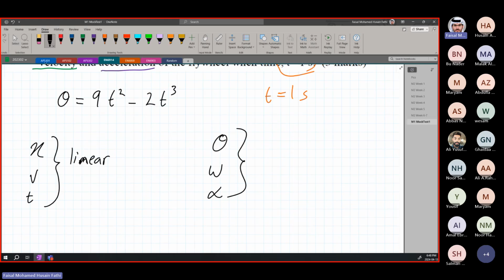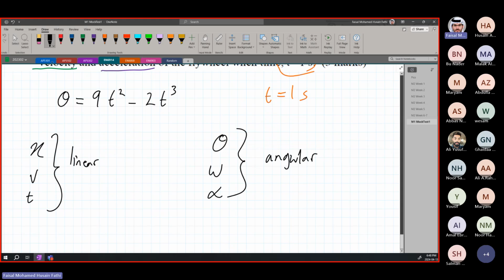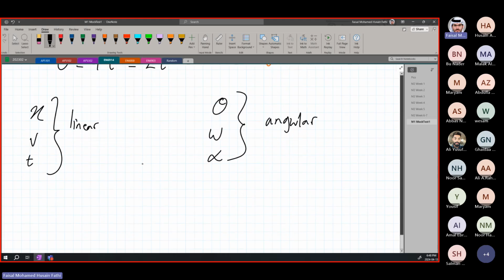Remember, if you wanted to go from here to here, what did we do? We differentiated. So again, this is linear. This is angular. To go from displacement to velocity, we are going to differentiate. In other words, velocity is equal to dx by dt.